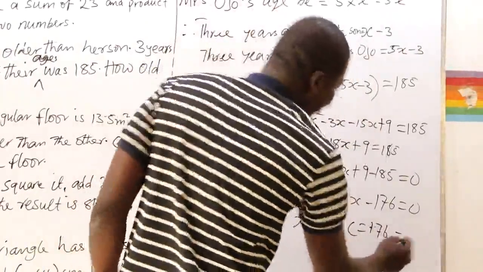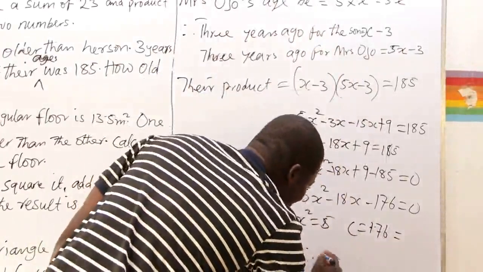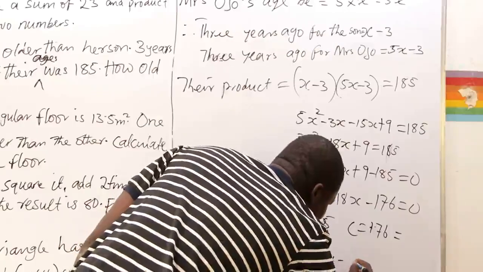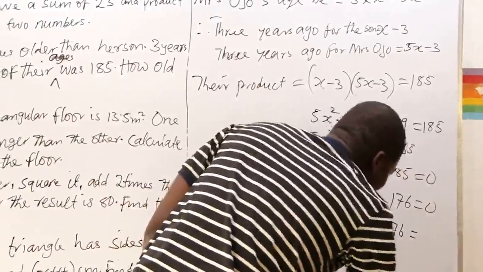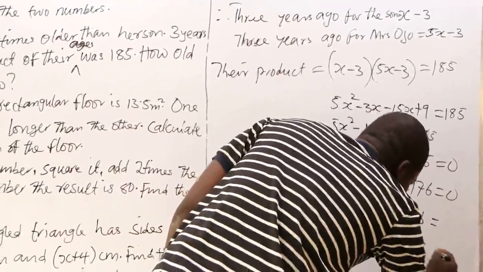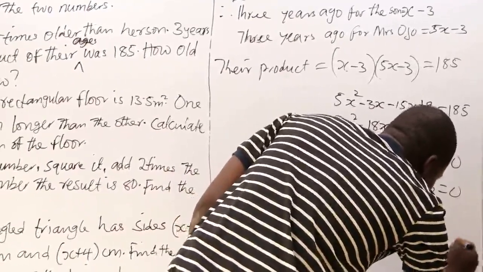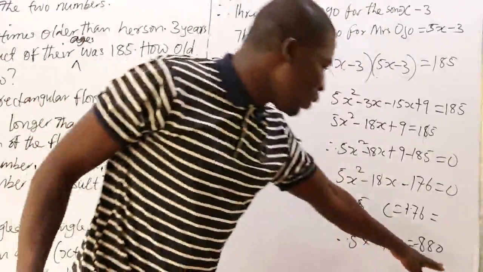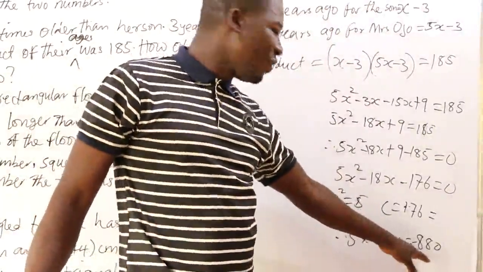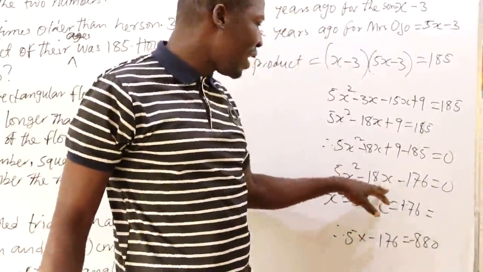So if you multiply this, 5 times minus 176, it's going to give us minus 880. So now, this is the number we are going to find the factors of which will satisfy this problem.